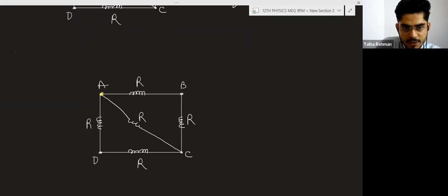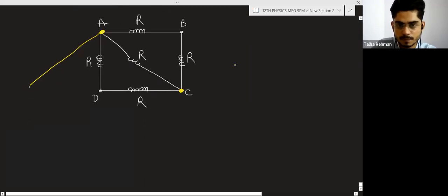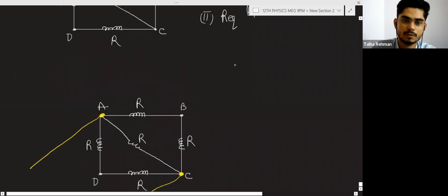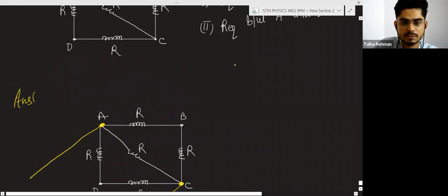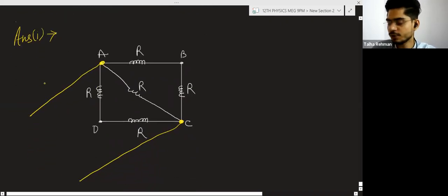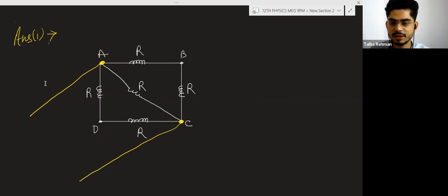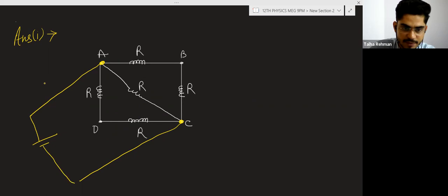So we have to calculate the equivalent resistance between points A and C. If you want to calculate it, just imagine there is a battery or cell in between these two points.